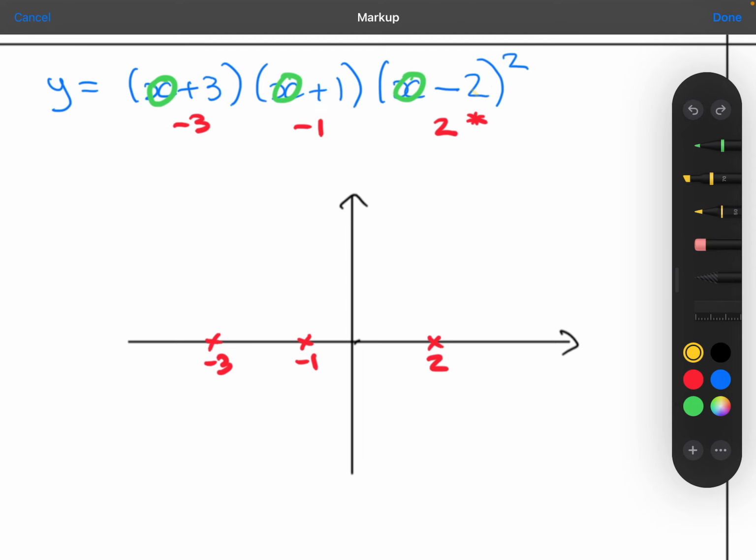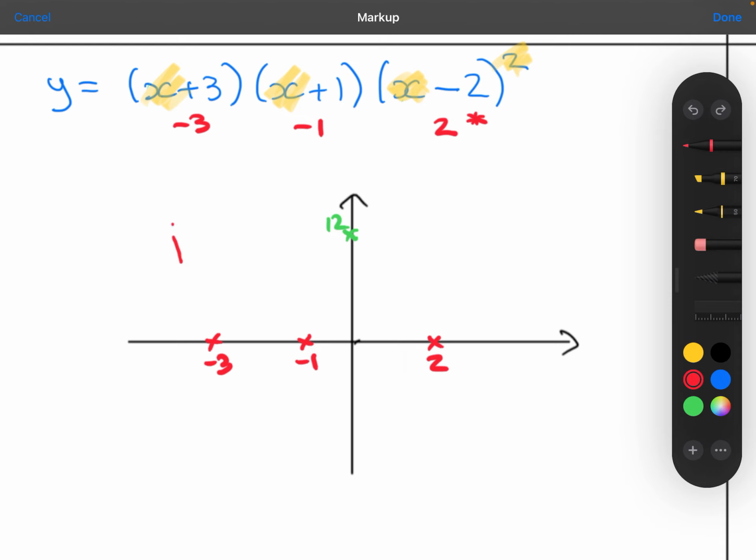Well, the minus 2 squared is 4 times the 1 times the 3 is 12. In terms of the direction, if I were to expand all these brackets out, x times x times x squared would be a positive x to the power 4. So it's going to start going down and end going up.